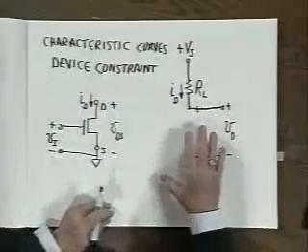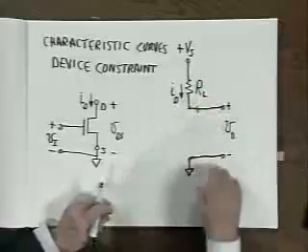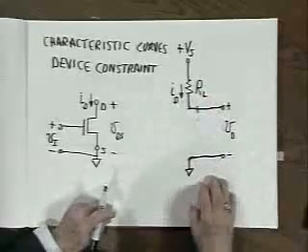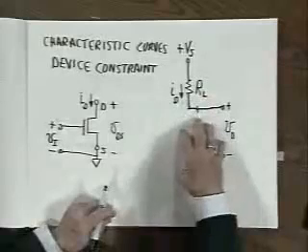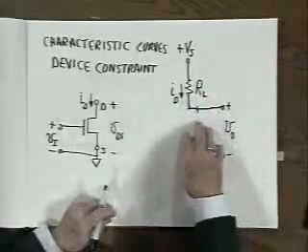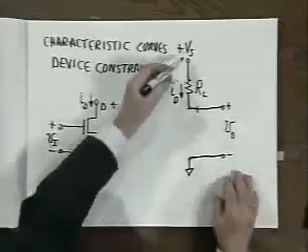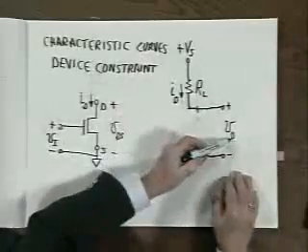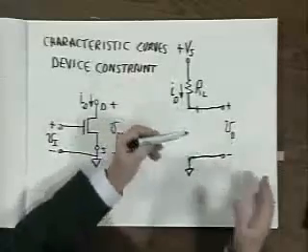Now, the remainder of the circuit involving the source and the load resistor can be thought of as imposing its own constraint. Specifically, the source voltage, the output voltage V sub O, and the drain current are related.